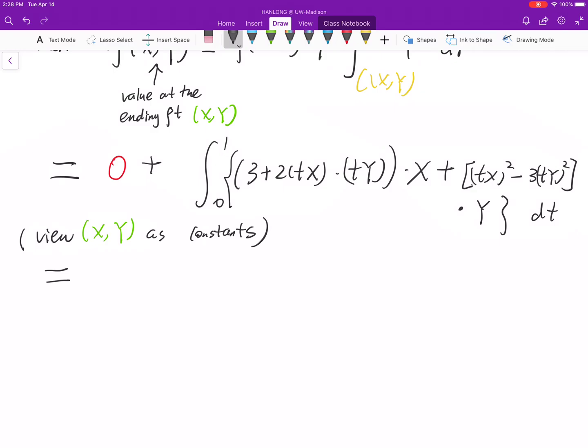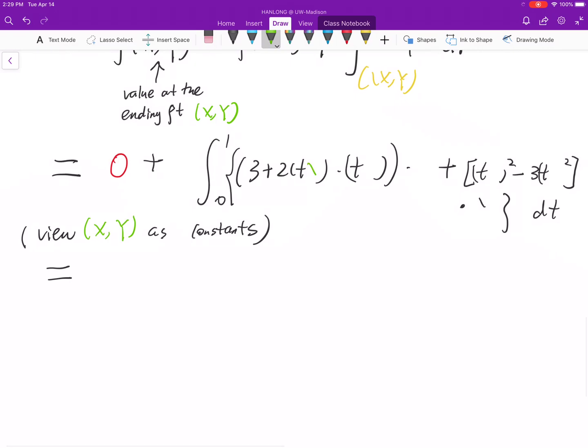We're only integrating with respect to t. To indicate this, I will write tx, ty.